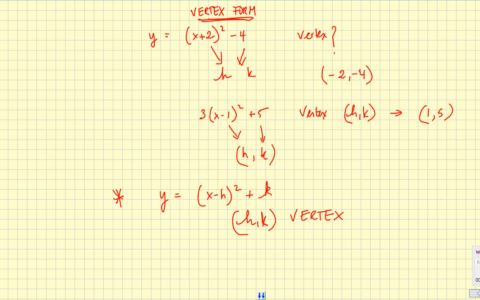If we want to, I will very quickly go over the only other thing that we need to go over, which is the vertical stretches, or the dilations. So let's go very quickly over the vertical dilation. So basically, we're going to have y equals ax squared.